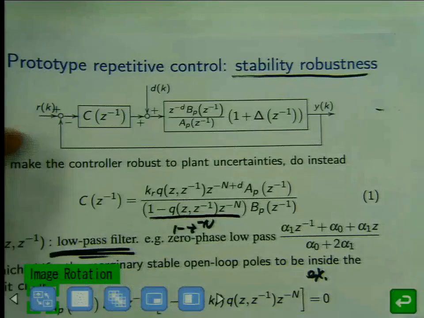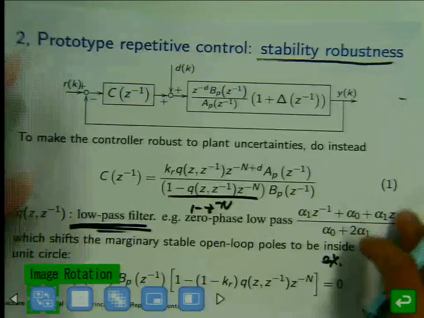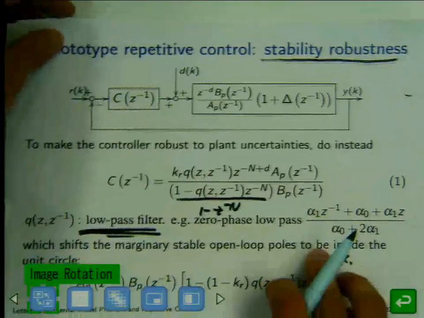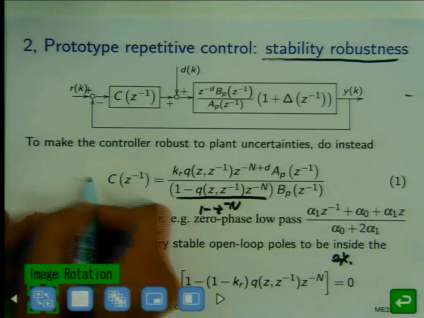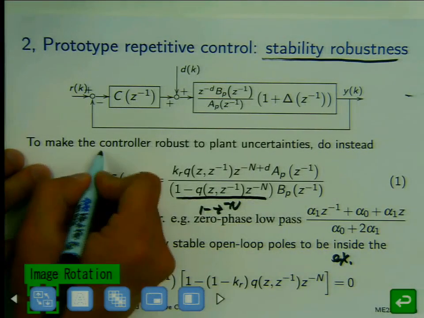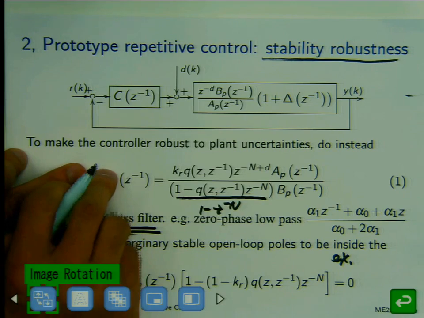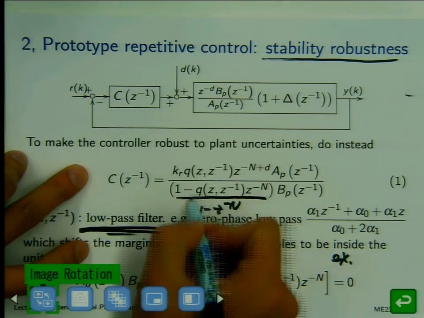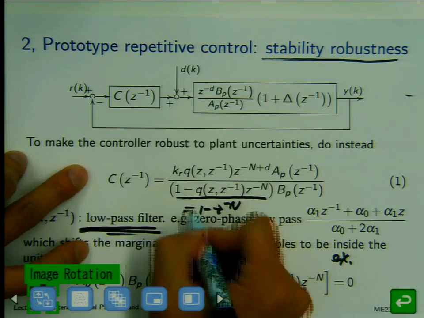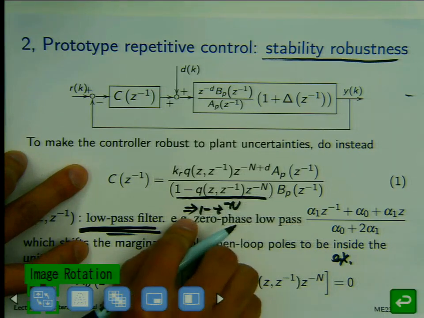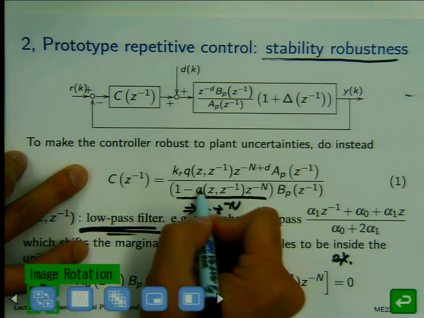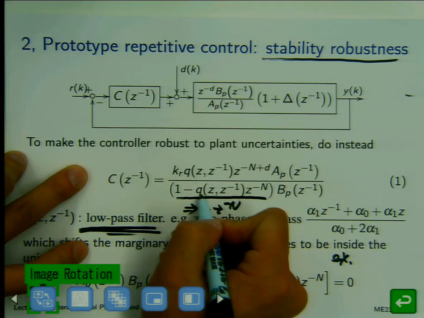So at the end of last lecture, we came up with this conclusion. To make the controller robust to plant uncertainties, instead of using a perfect internal model, do some modifications over here.